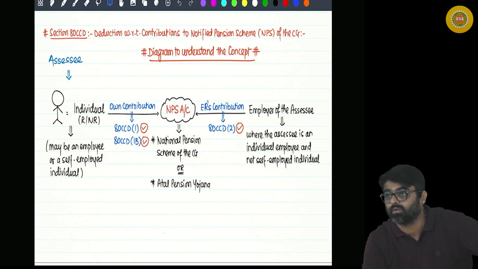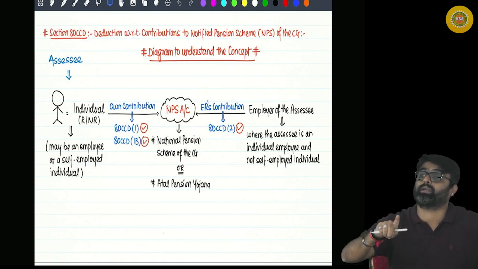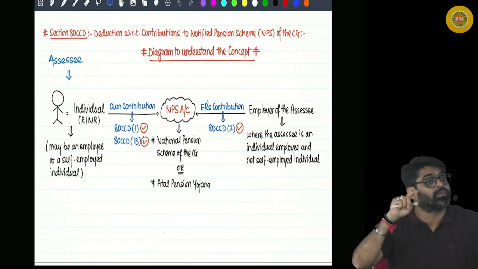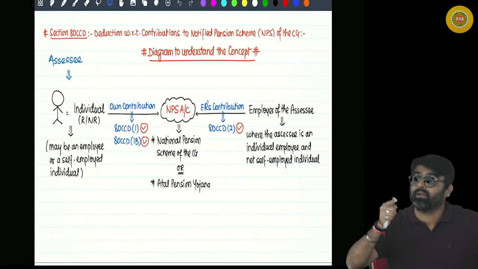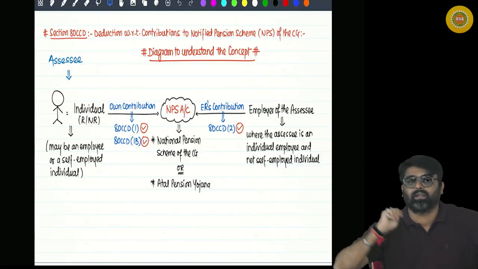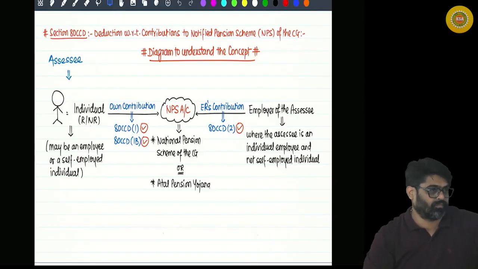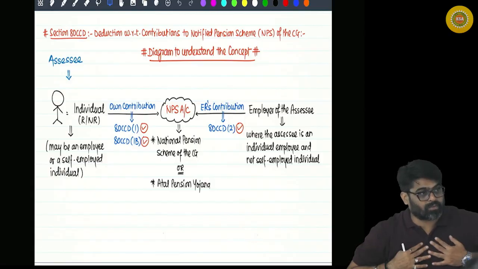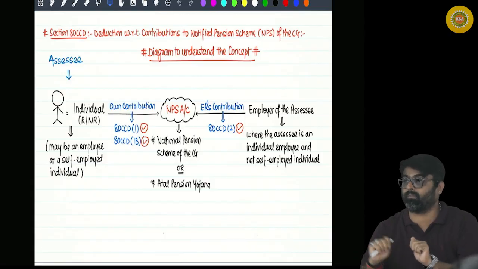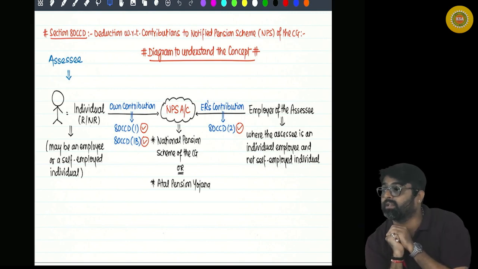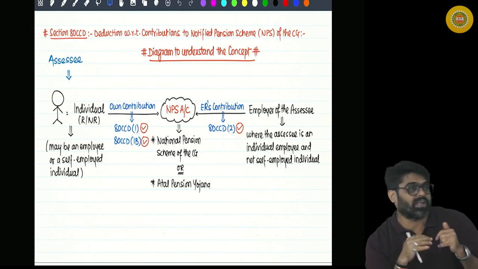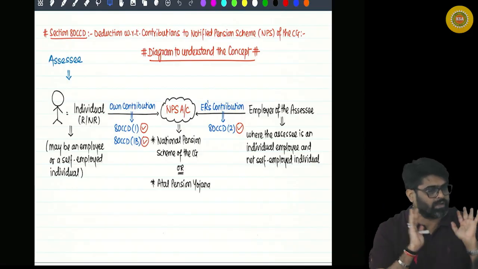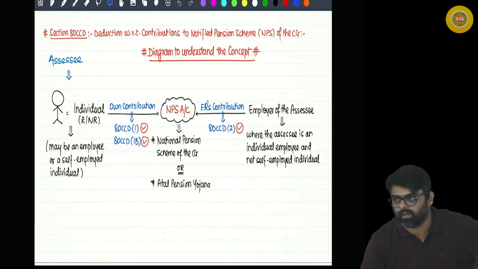First, the employer's contribution will be taxable as your salary. Yes or no? And then that same amount will be allowed under section 80CCD subsection 2. So for employees there are two benefits: own contribution gets allowed under 80CCD 1 and 1B, and employer contribution gets allowed under section 80CCD 2. And for a self-employed individual, only one benefit is there: own contribution gets allowed under section 80CCD 1 and 1B.